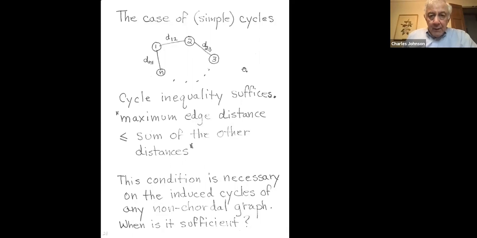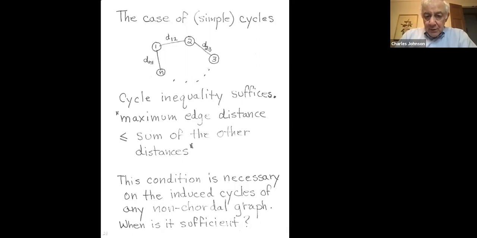Let's go back to the case of simple cycles. So let's suppose I have a cycle here on n vertices and of course with n edges. And let me put Euclidean distances on each of the edges. Then there's what I referred to before, namely a cycle inequality, okay? And that is that the maximum edge distance that I see must be less than or equal to the sum of the other distances, okay?